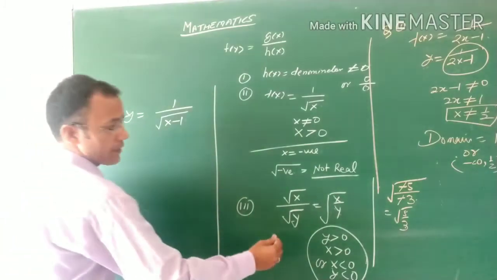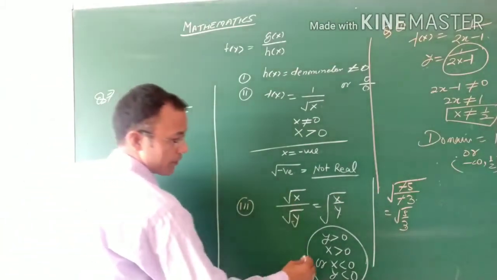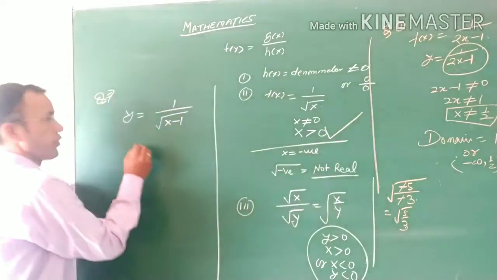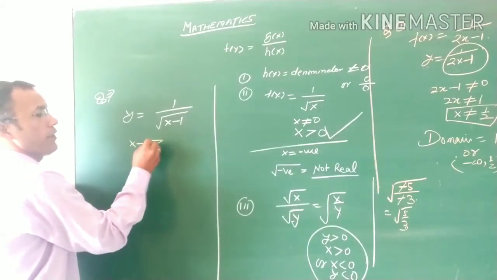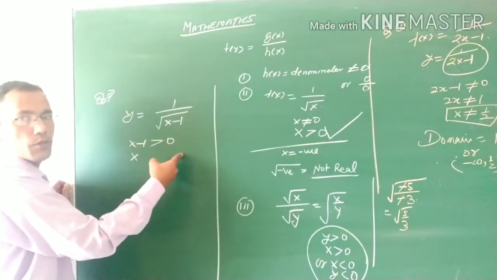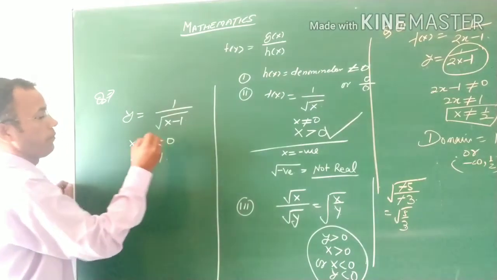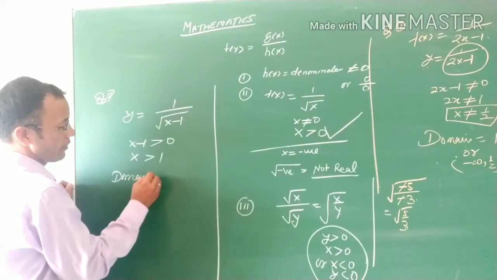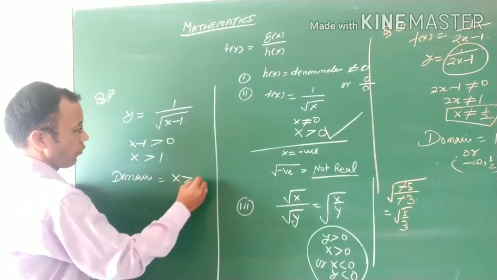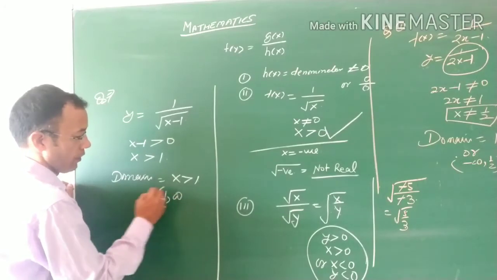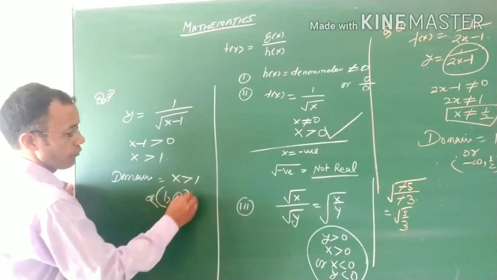Now, in this case, the denominator must be greater than 0. That means x minus 1 is greater than 0, that means x is greater than 1. So now the domain is x greater than 1, that means 1 to infinity, 1 is not included.